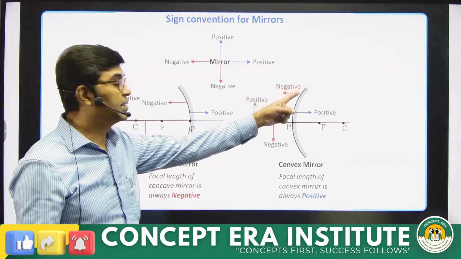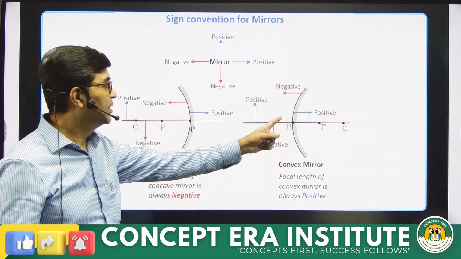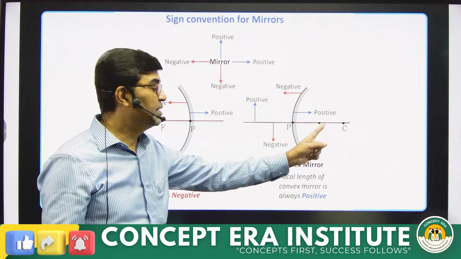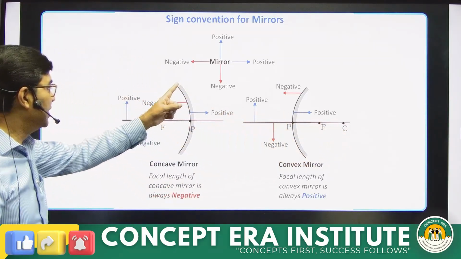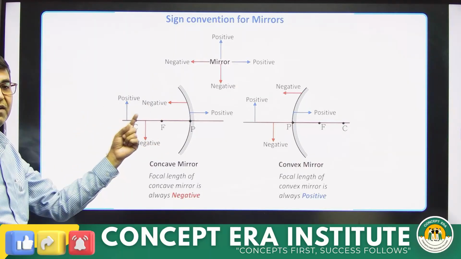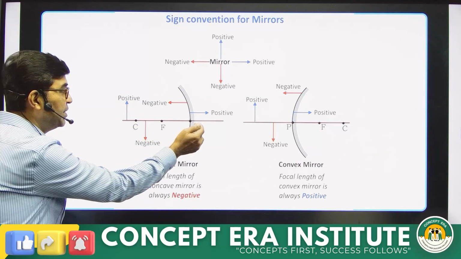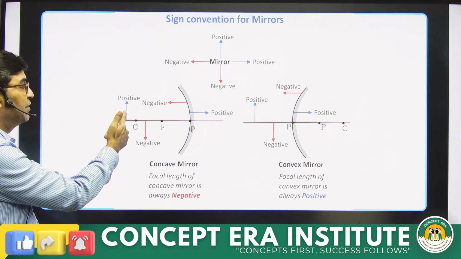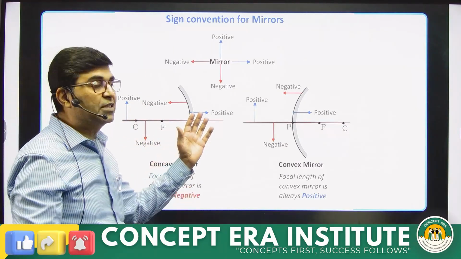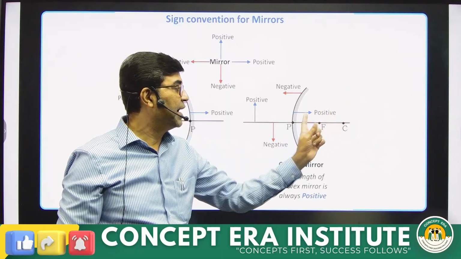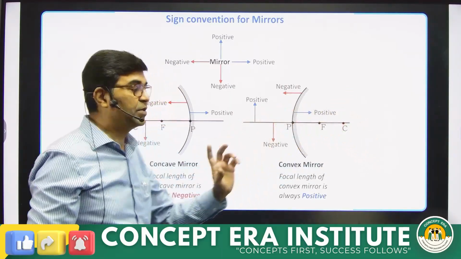Here the focus is on the right side, so it will be positive. Here, the focus is on the left side, so it will be negative. The object is placed here. Distance is measured in the left direction, therefore negative. If the image is virtual and formed behind the mirror, then the image will be here and the distance of the image will be positive.